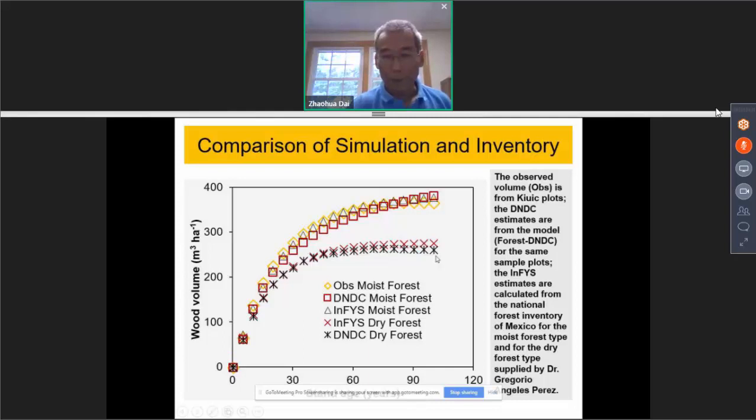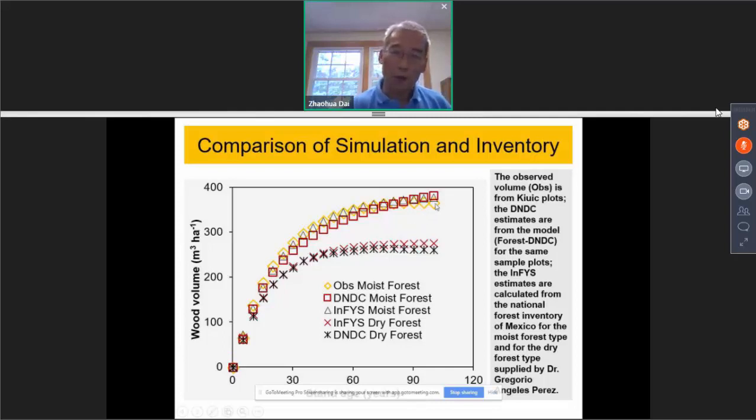Only for dry forest does it seem a little lower when the stand age is older. The inventory data seems higher there, and for younger stands it's okay.